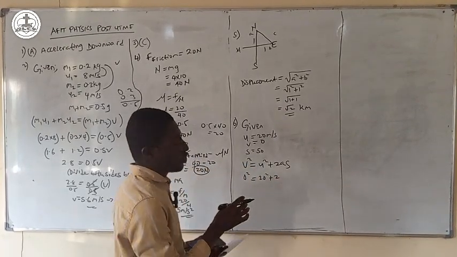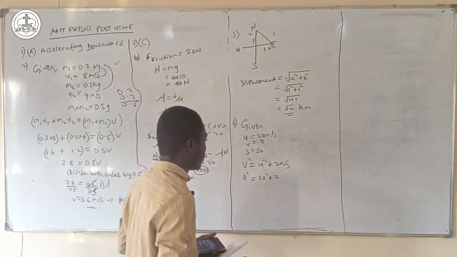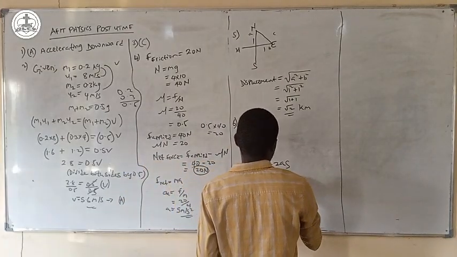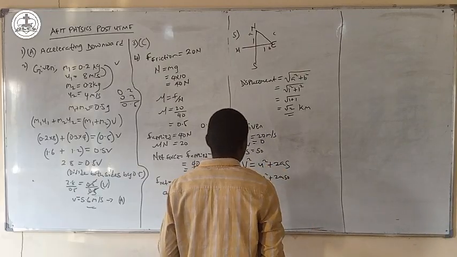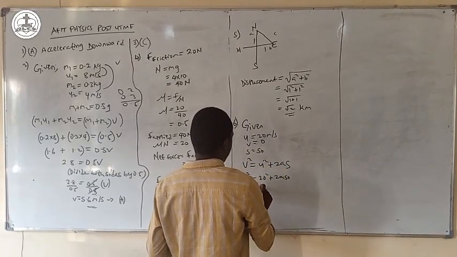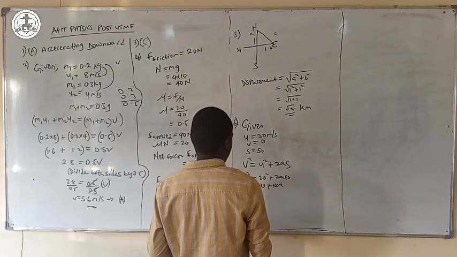You are using this because you want to get something. Actually, this is not the final answer, so just watch as it goes. You want to find A, and S is 50, so 2 times 50. So this is 0 is equal to 400 plus 100A.